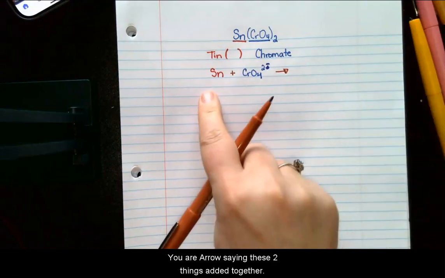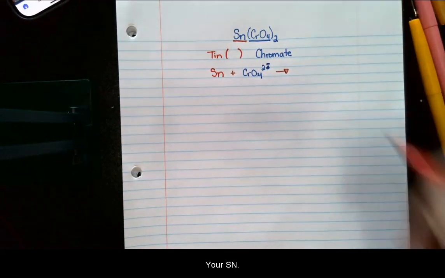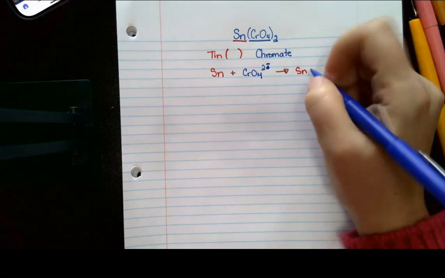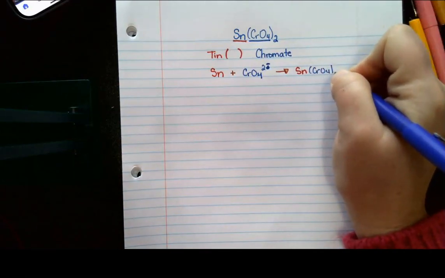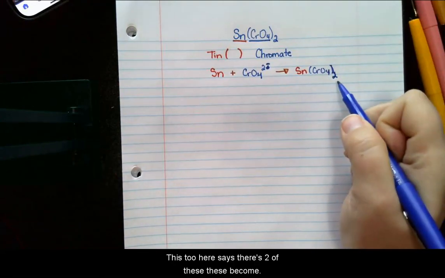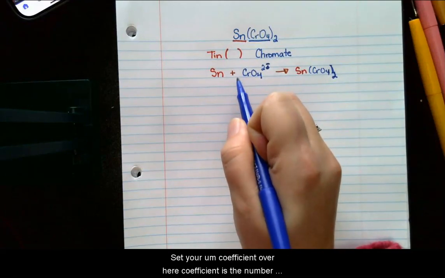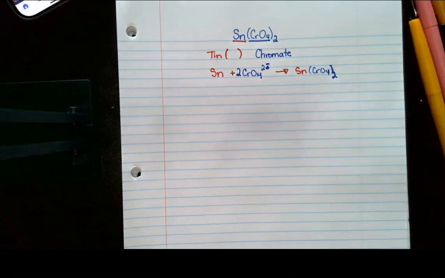Then we do our arrow, saying these two things added together make SnCrO4, 2. Now remember, this 2 here says there are 2 of these, and that becomes your coefficient over here. A coefficient is a number in front to balance something.